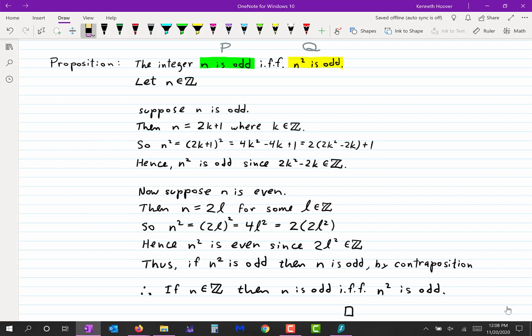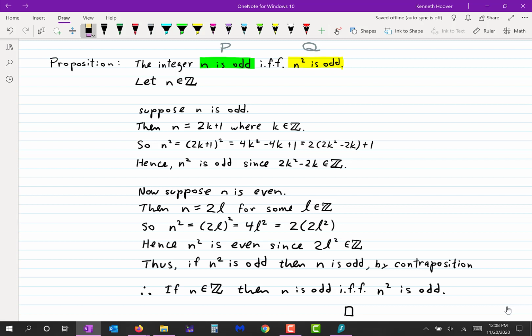And also another way of saying that, don't forget this, is that if and only if can also be expressed using the phrase is equivalent to. This could have been written, if n is an integer, then n is odd is equivalent to n squared is odd. I could have worded it that way.